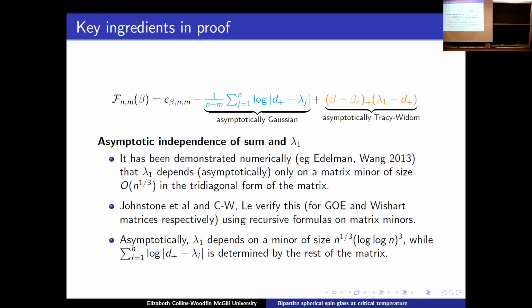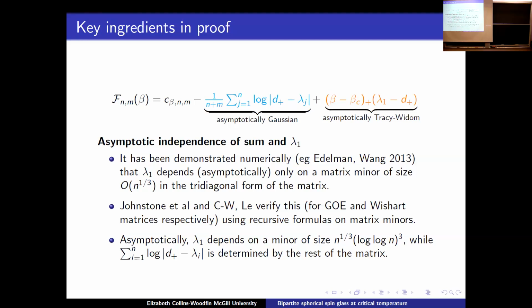And where this comes from is something that has been known for a while in a numerical setting: when you take a random matrix and put it in its tridiagonal form, the Gaussian orthogonal ensemble and the Wishart matrix both have a tridiagonal representation, which has the same eigenvalue density as the original matrix.